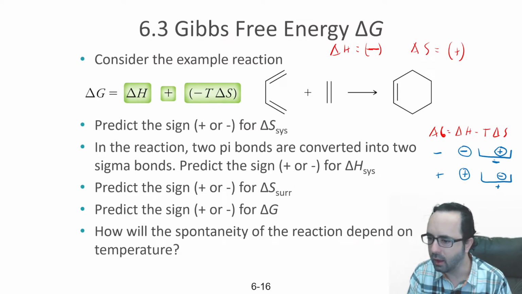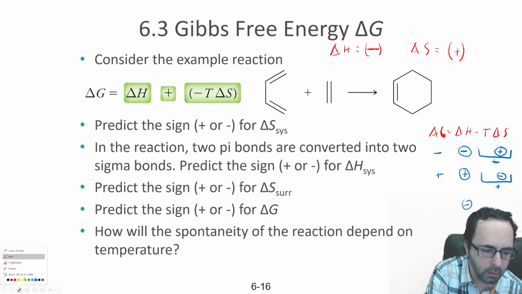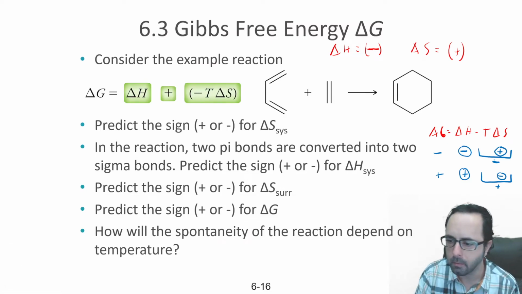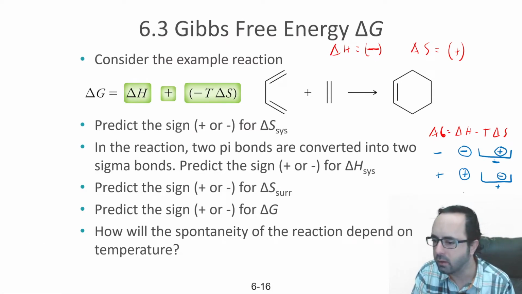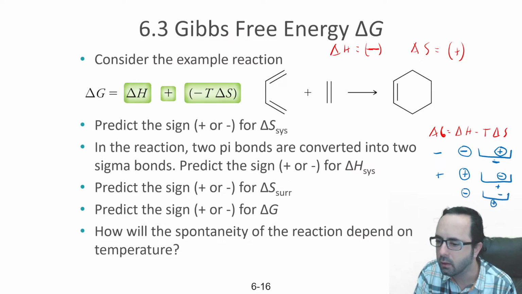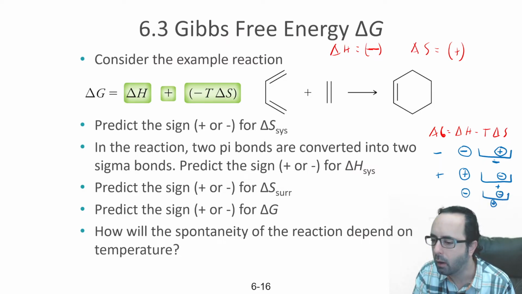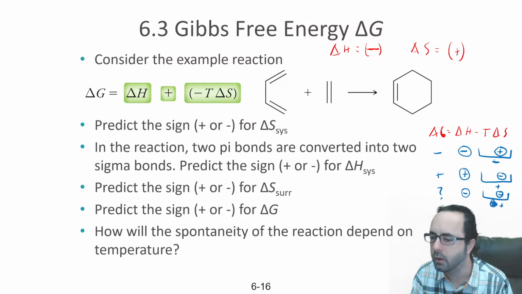If delta H is negative, but delta S is negative, which causes this whole part to be positive, then it depends on how big these terms are, and that's going to depend on the temperature.